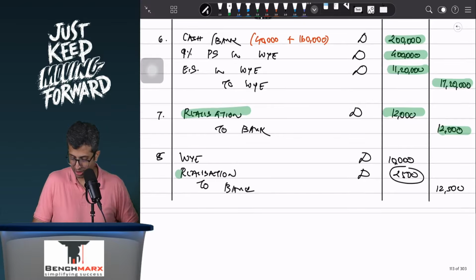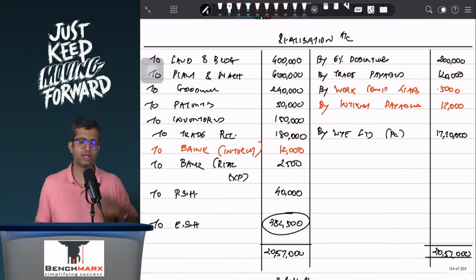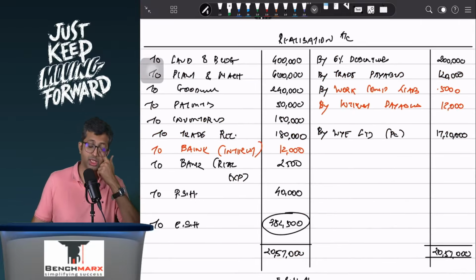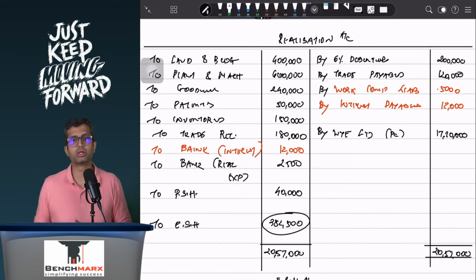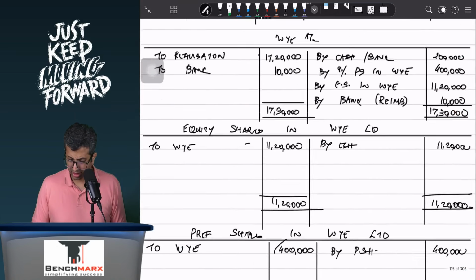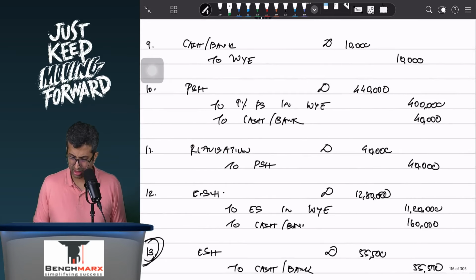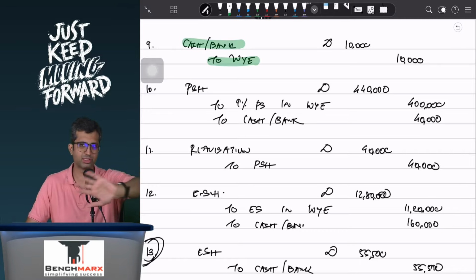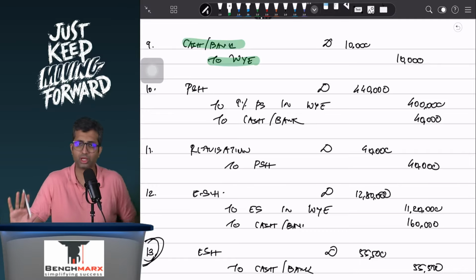So the realization account debit will be 2,500, and WIE will reimburse me around 10,000. Then there are a few other entries. There is cash to WIE, we have passed that directly. So we will say realization account debit to bank 12,500 and bank account debit to realization 10,000. That's it, so that effect will nullify.